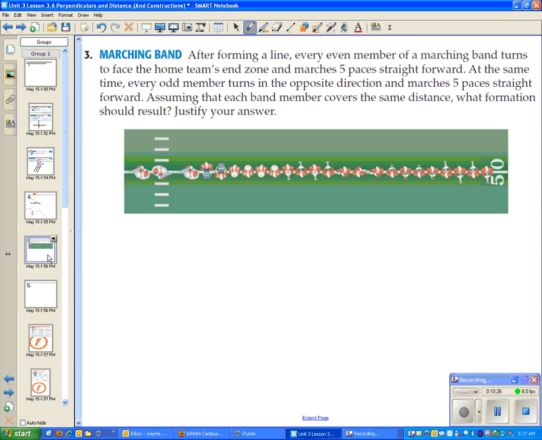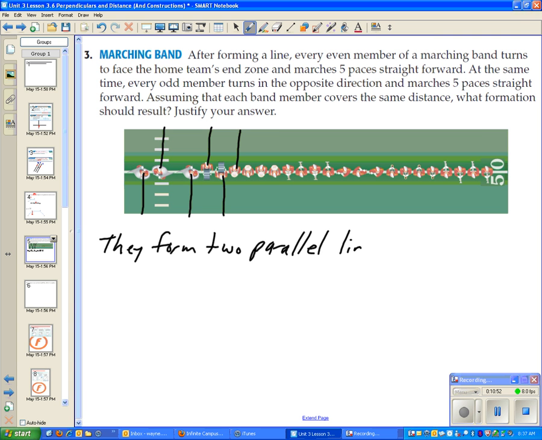All right, so here's what's going on. This guy does that. This guy does that. That, that. So we end up with 2 parallel lines. They form 2 parallel lines.